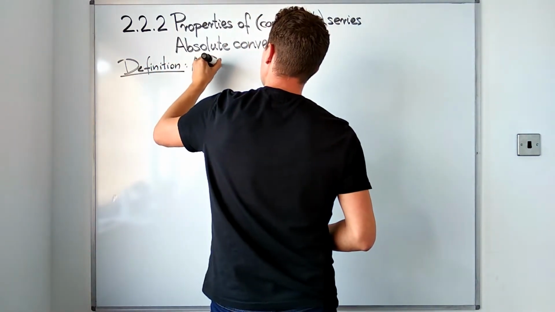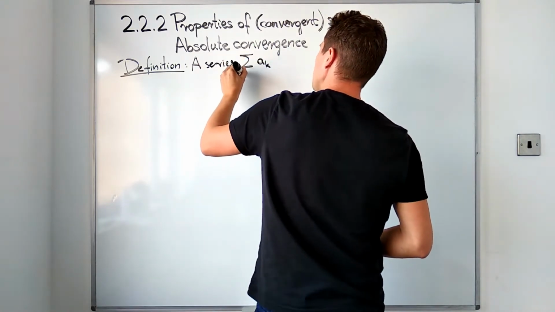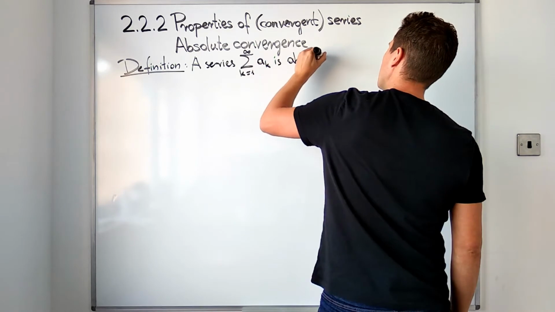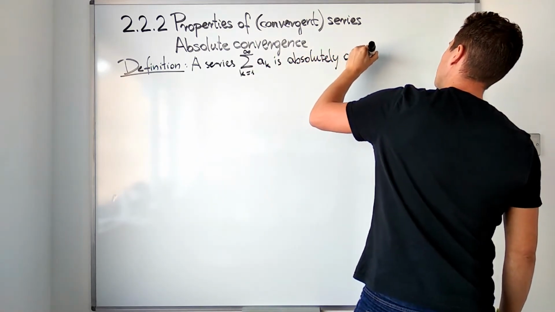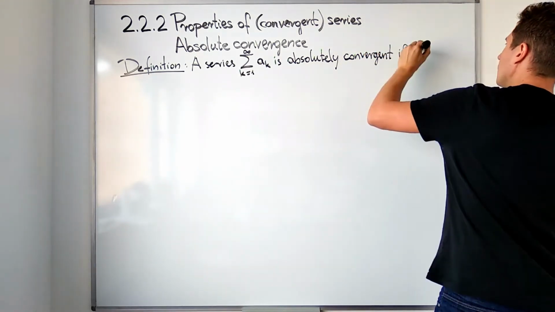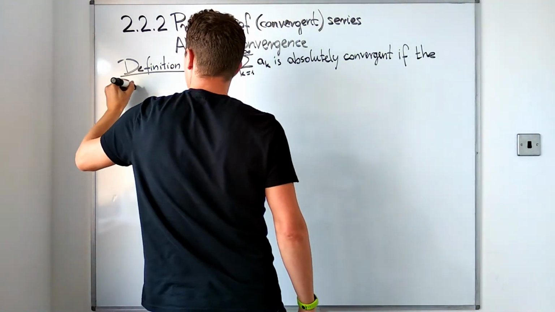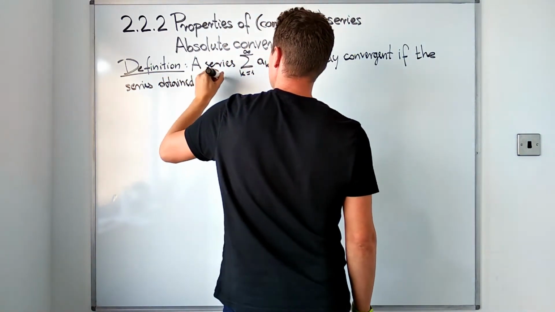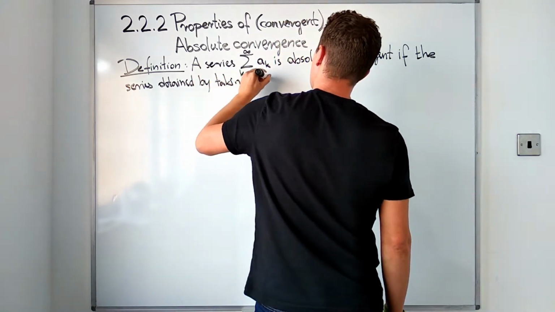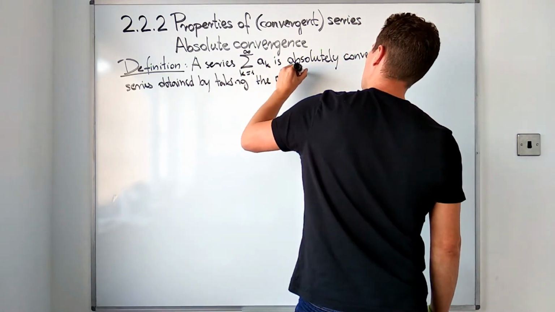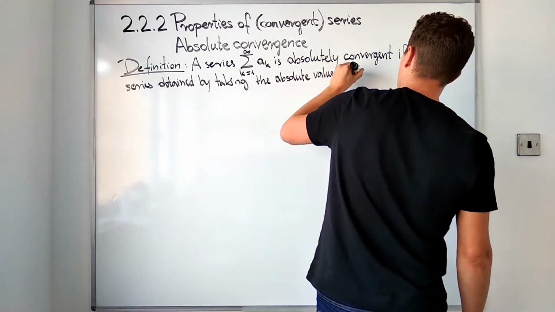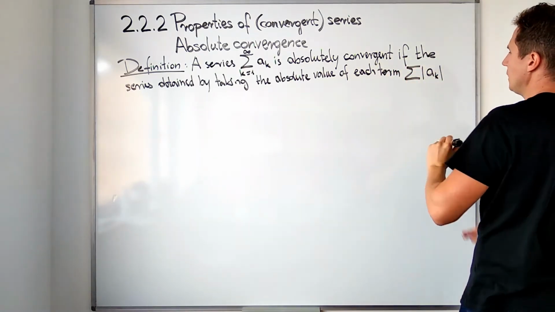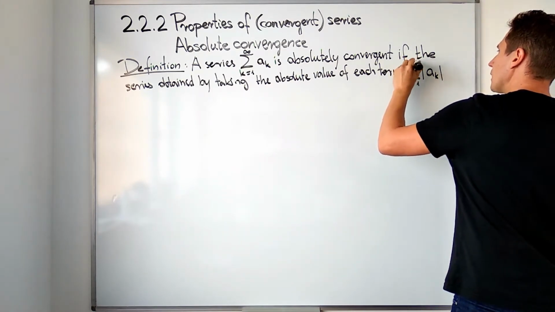So a series, that is the sum of ak with k going from 1 to infinity, is said to be absolutely convergent if the series obtained by taking the absolute value of each term, by which I mean the series which is the sum of the absolute value of ak with k going from 1 to infinity, converges.